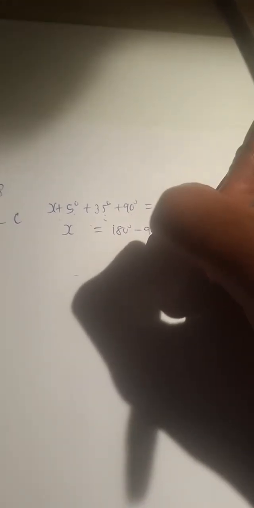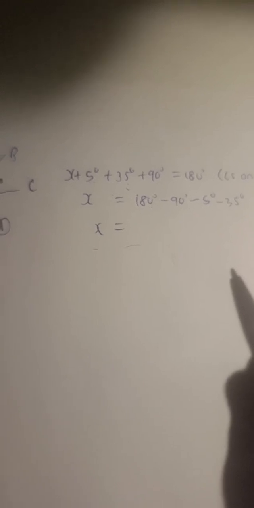And when we do, guys, the 90 becomes negative 90, the 35 becomes negative 35 degrees, and the 5 becomes negative 5. Then we can subtract those angles. 180 minus 90 is 90, 90 minus 5 is 85, and then 85 minus 35. And that will give us a beautiful answer of 50 degrees.